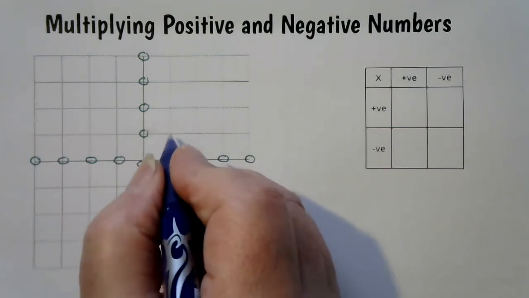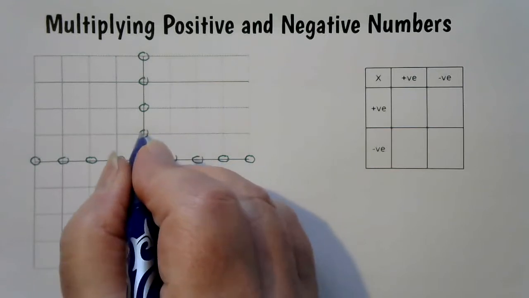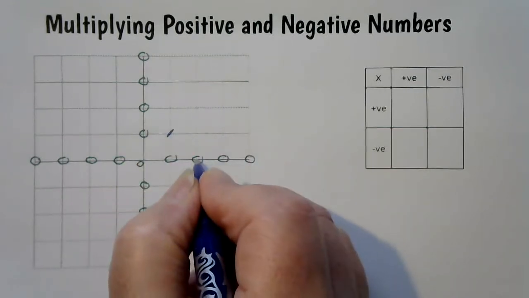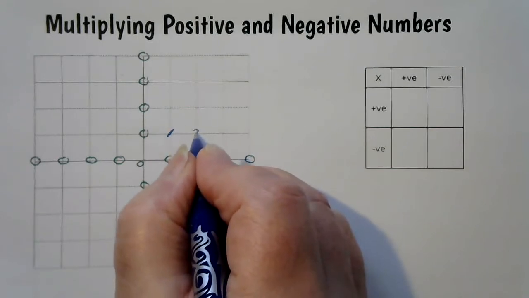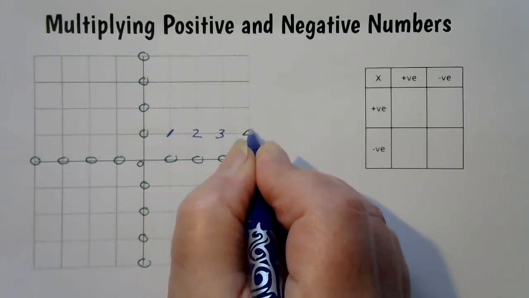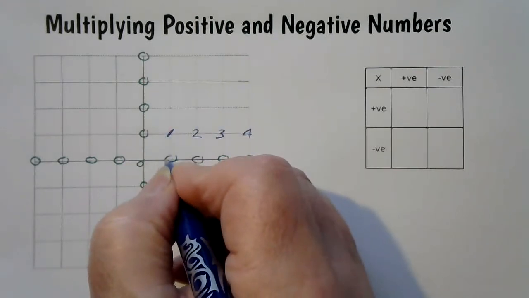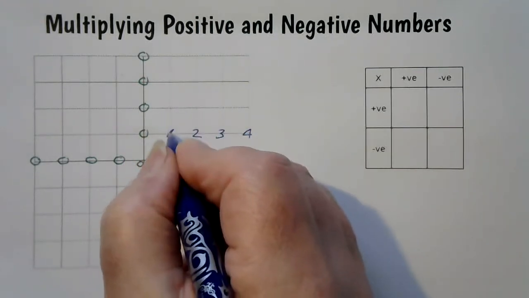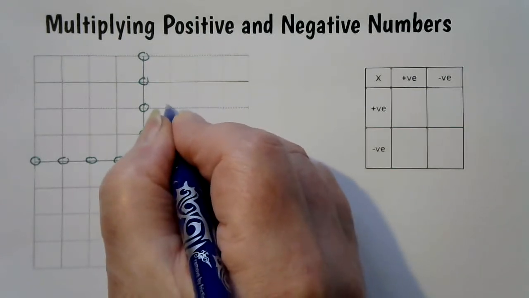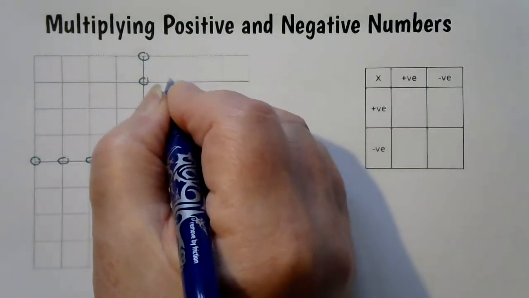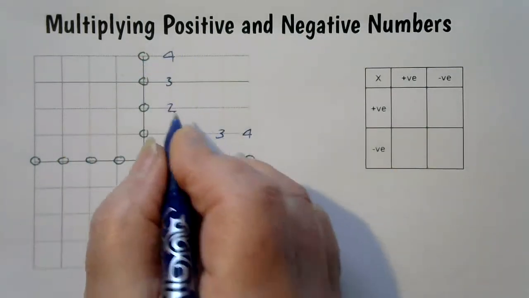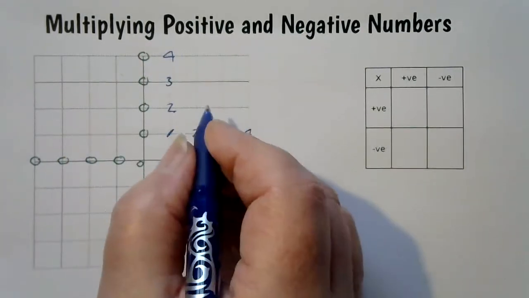Right, now let's fill in the numbers here. 1 multiplied by 1 gives me 1. 2 multiplied by 1 gives me 2. 3 and 4. And going up, I've got 1. 1 multiplied by 2 is 2. So 3 and 4. Right, let's fill in the rest of the numbers now.